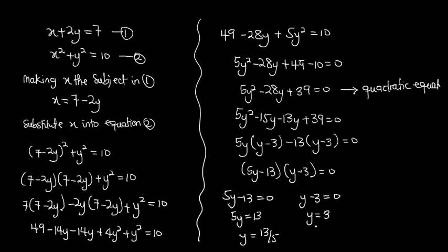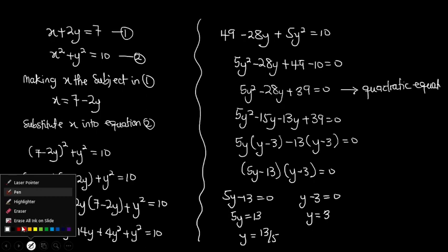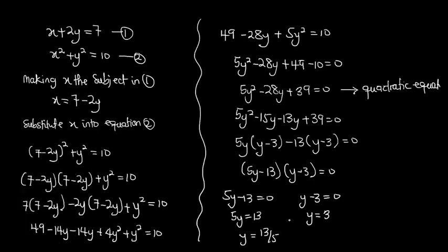So we have two values for y, which means we have to get their corresponding x values. Let's do that. So if y is equal to 13 over 5, then the x value from here is equal to 7 minus 2 into bracket 13 over 5.